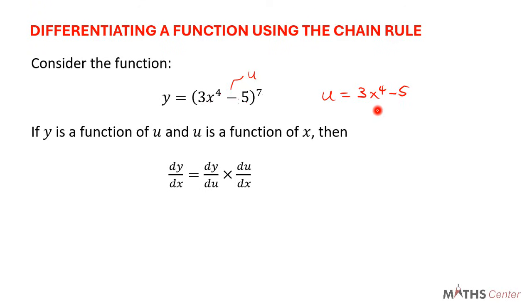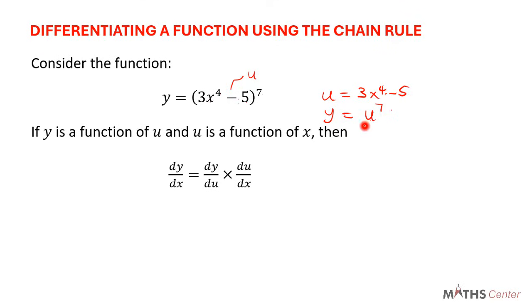Now, as soon as we do that, we can write y as y is equal to u^7. So as you can see, y is now a function of u, and u is a function of x, because y is equal to u^7 and u is equal to 3x^4 - 5.